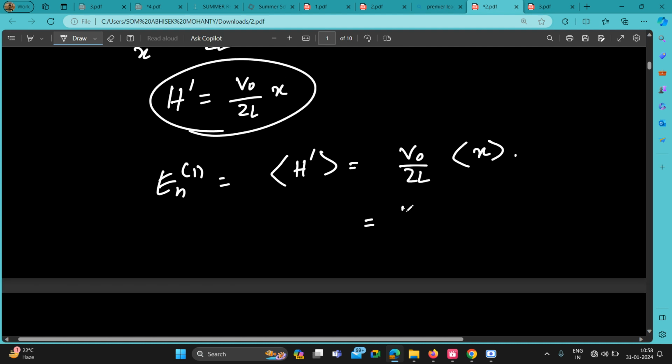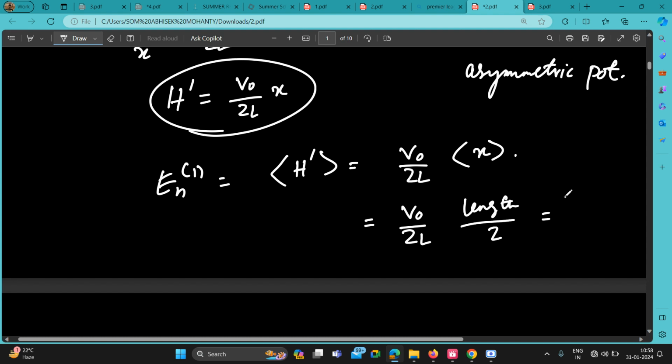For an asymmetric potential, the expectation value of x is length by 2. So that will be V naught by 2L into the length, which is 2L, by 2. This is L, so the answer is V naught, or wait, there's still a 2 there. So V naught by 2 is the answer.